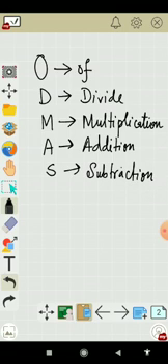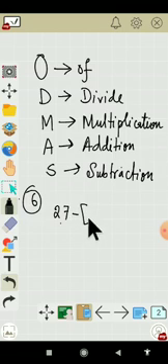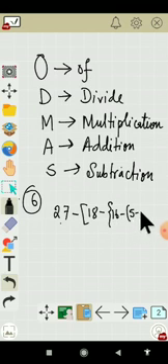Now we will see one example first, that how to use all these types of brackets and this BODMAS rule. Suppose the question is 27 minus 18 minus 16, 5 minus 4 minus 1.